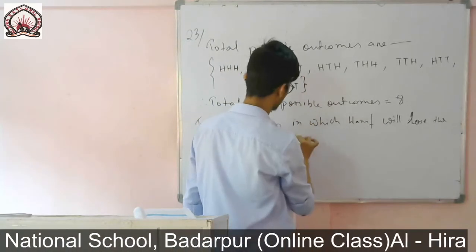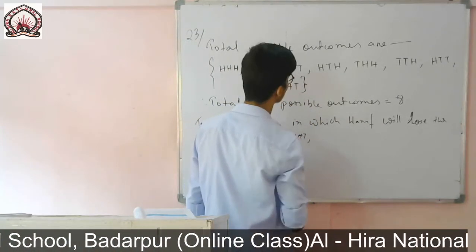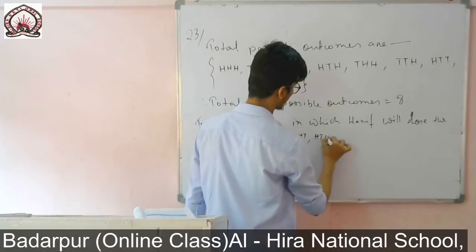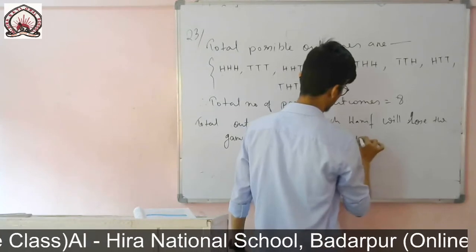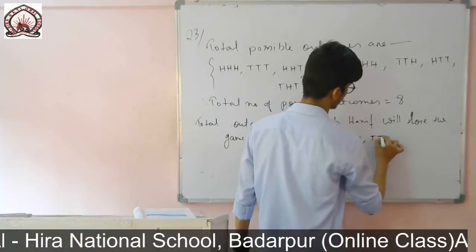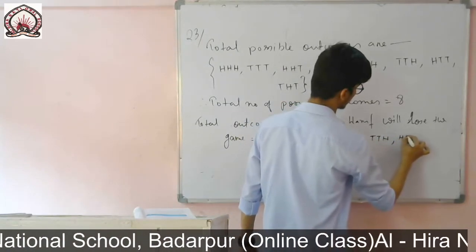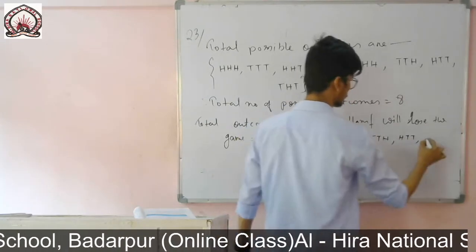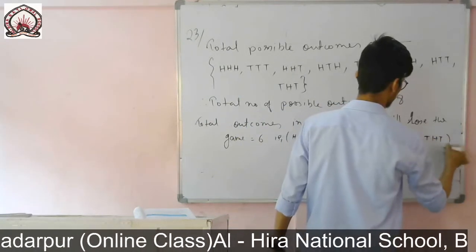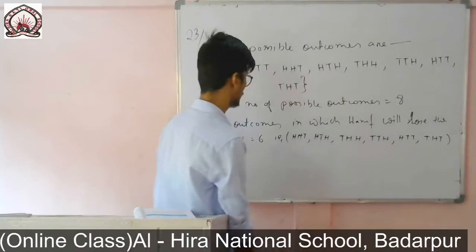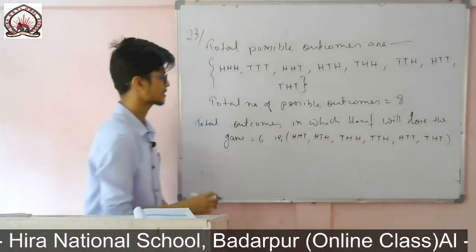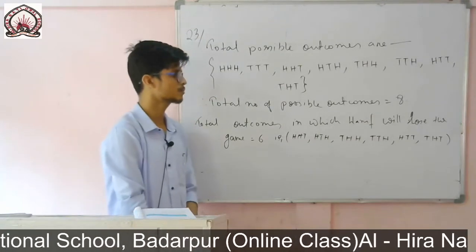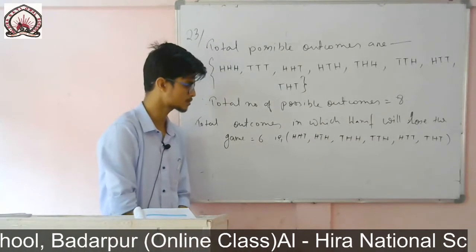If he gets 2 heads 1 tail he will lose. If he gets 1 head and 2 tails also he will lose. Then THH, then TTH, then HTT, and then THT. So in these cases he will lose. So how many cases? 1 2 3 4 5 6. So total outcomes in which Hanif will lose the game is equal to 6.